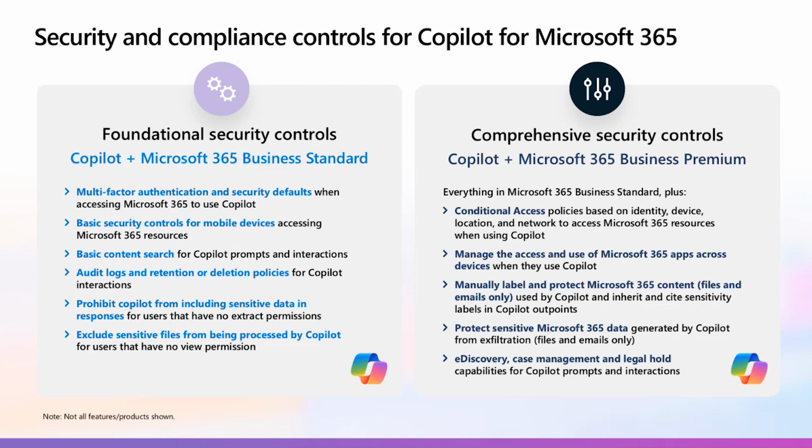So with Business Premium, Copilot inherits the security, compliance, and confidentiality policies defined in Microsoft 365, giving you total control over your data. Your information remains secure in its dedicated partition, and it will never be used outside your organization. So you can securely access precise, relevant answers to your business and professional contexts.